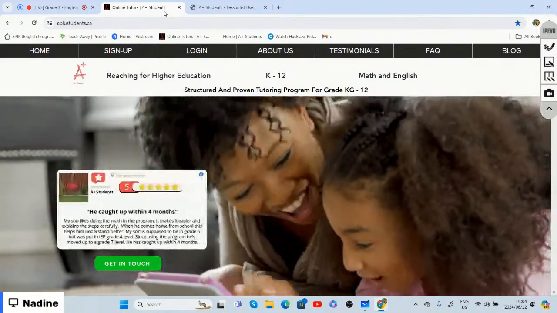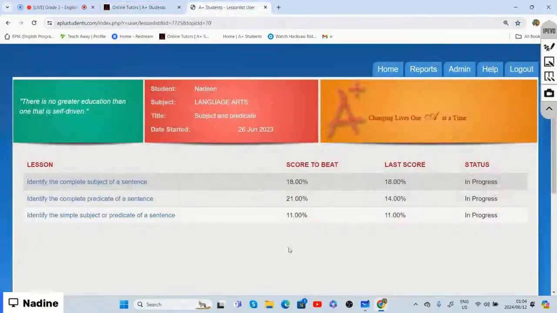Then we're going to scroll down until we get to the chapter of subject and predicate.